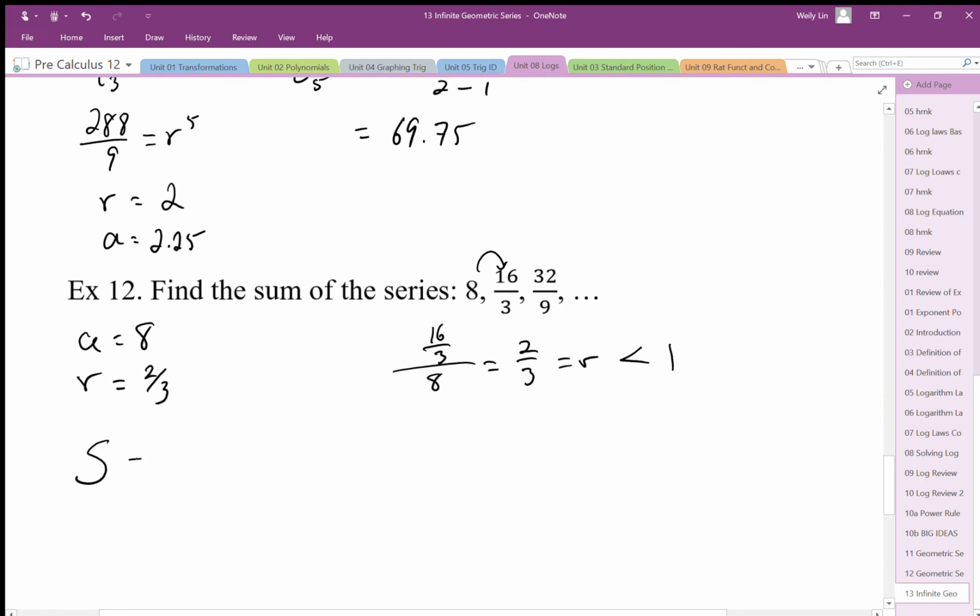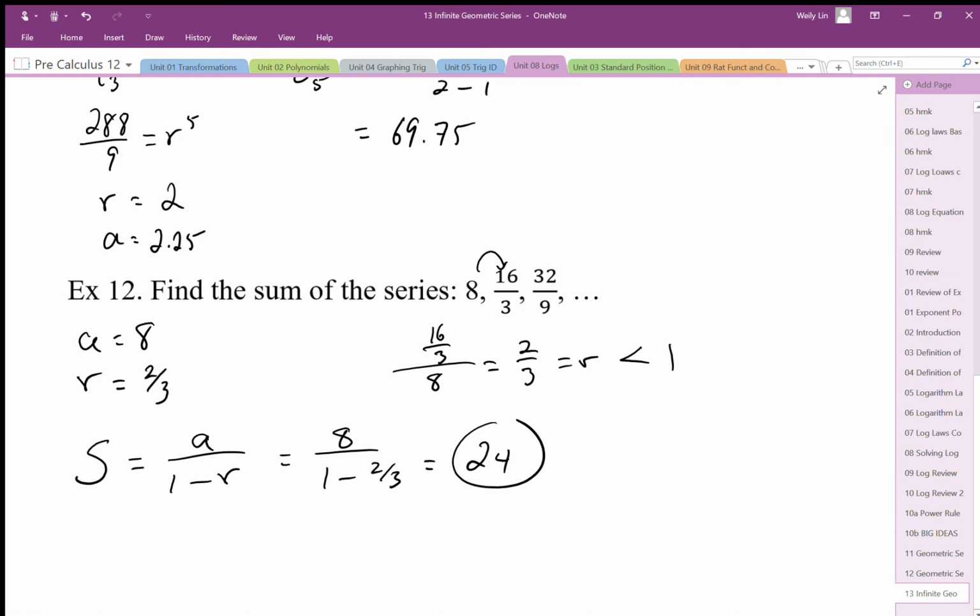My formula is just the one I learned: A over 1 minus R, 8 over 1 minus 2/3. That becomes the infinite sum. If I add all these terms together infinitely, I'm going to get a sum of 24. And again, even if I just add the first 3 terms, it looks like I'm getting towards 24.